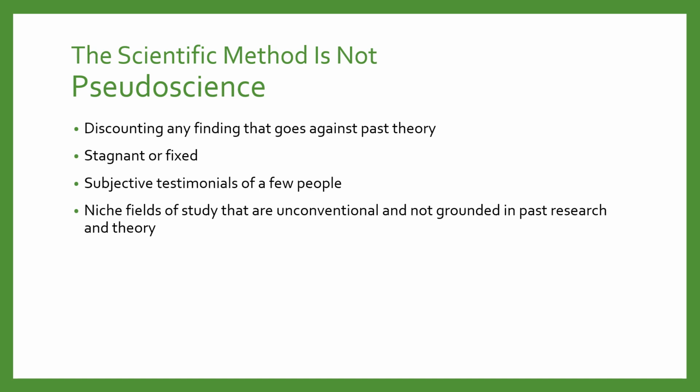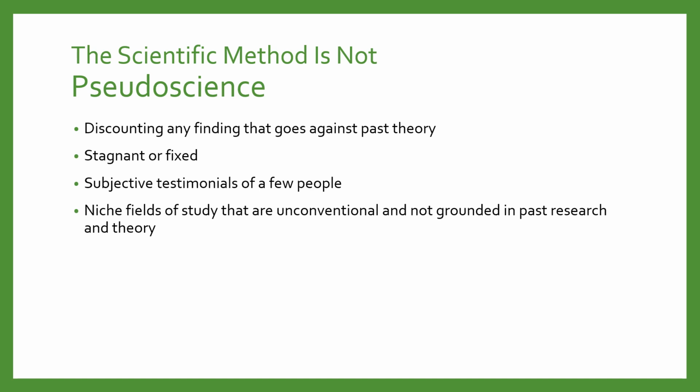So pseudoscience is also usually stagnant or fixed because of this. It's usually a set of unchanged beliefs or ideas instead of a constant refinement and update of theories and practices based on, remember, that cyclical process of the scientific method, right? You do research, you learn things, you make adjustments, you do more research.